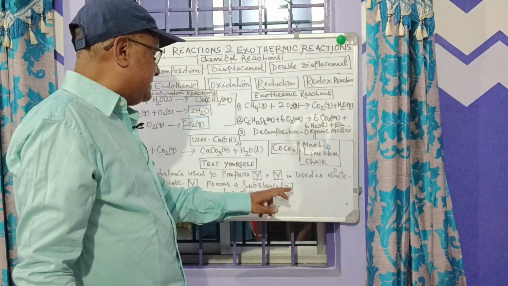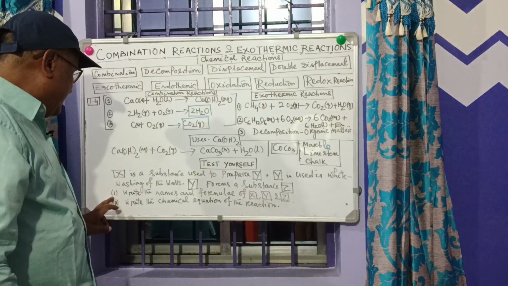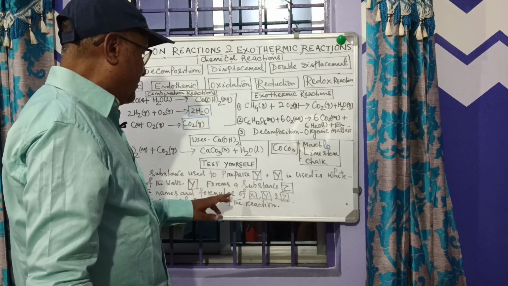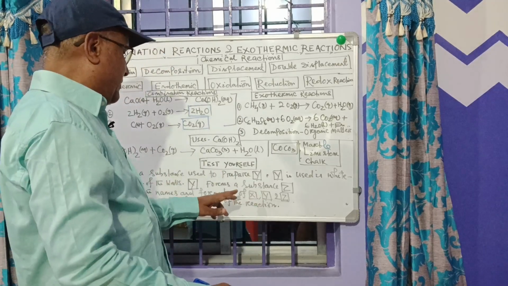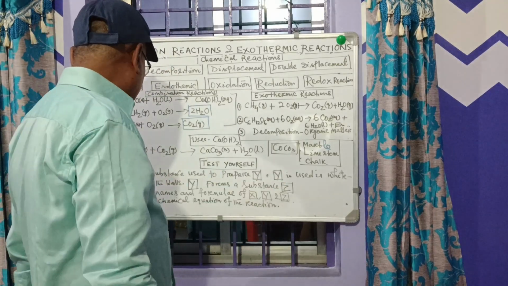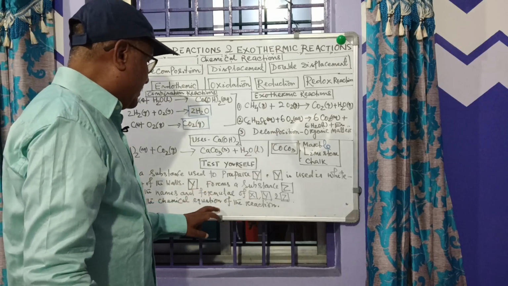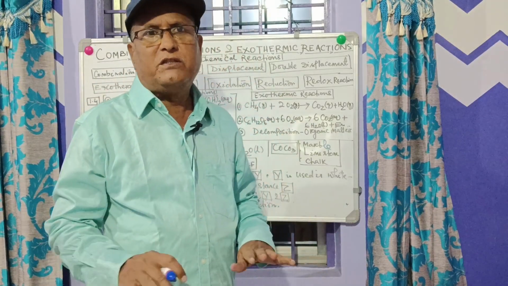Y forms a substance Z. So what are the two questions? Part 1. Write the names and formulae of X, Y and Z, formulae means molecular formulae. Part 2. Write the chemical equation of the reaction. So do it at home. This is a home task.